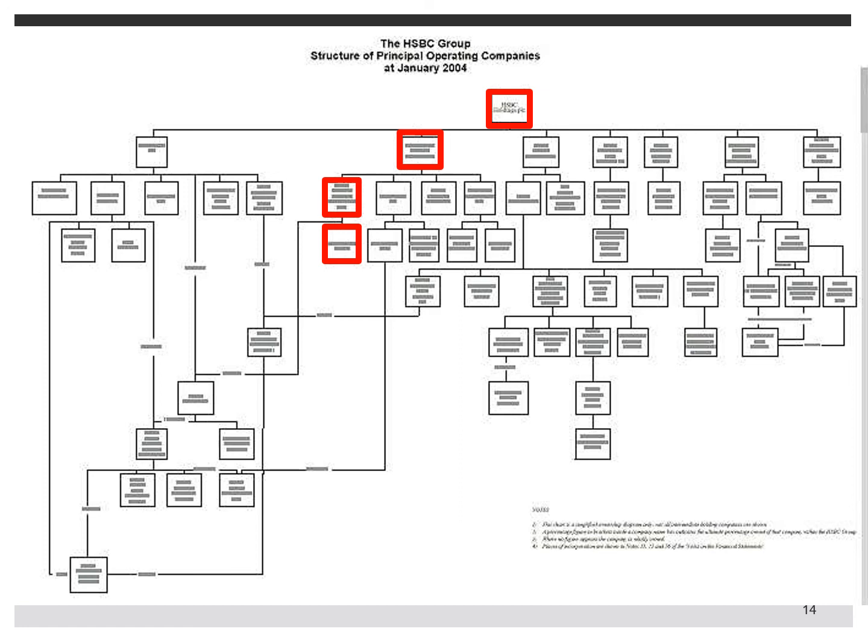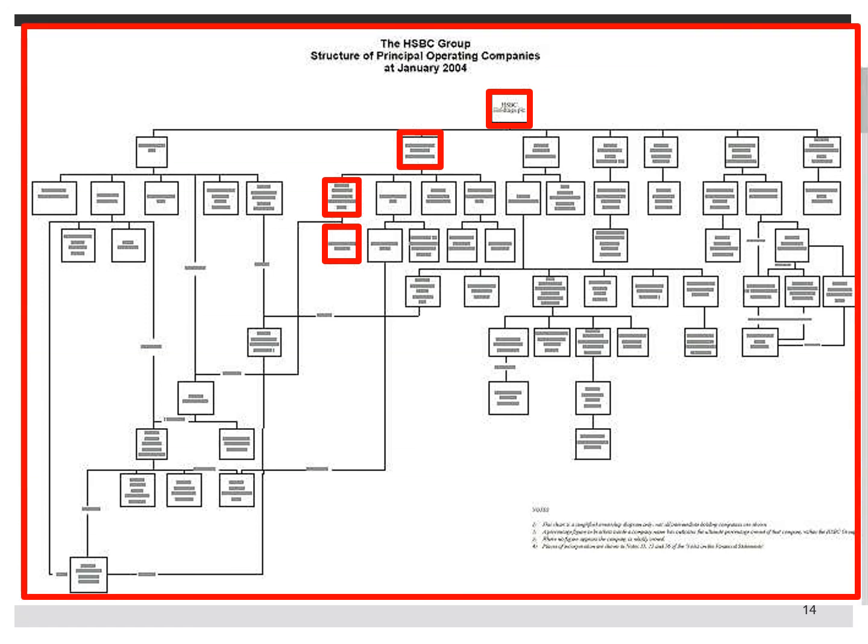So the group company HSBC has indirect control over all of the companies in that diagram, and consequently the consolidated financial statements of HSBC have to include all of the assets, all of the liabilities, all of the profits and all of the losses of all of the companies shown there.